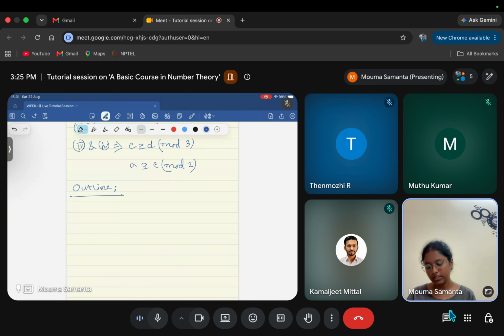I will try to solve some questions in which we will use Wilson's theorem, and then Fermat's little theorem, and next I will do some problems with Euler's phi function.